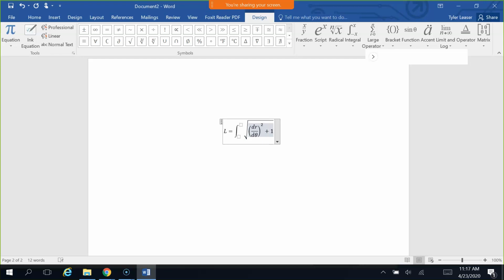All right, hold on. I gotta get my notes. I wasn't even close. All right, it's this. r squared plus dr d theta squared. And then d theta on the outside.